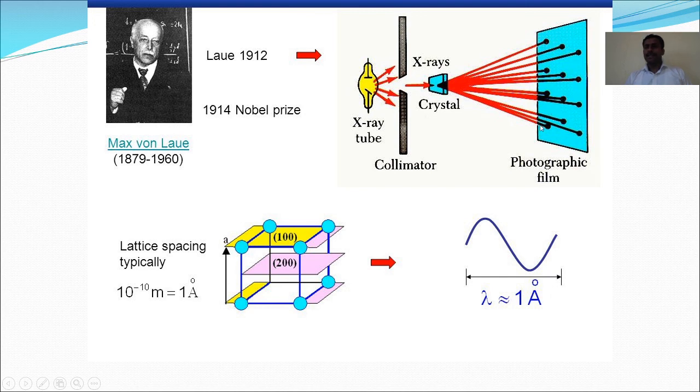When we study this diffraction pattern, the central point indicates undiffracted rays, and the points scattered in all directions are called diffracted points. By knowing this information, we can calculate the spacing between the planes as well as the wavelength.